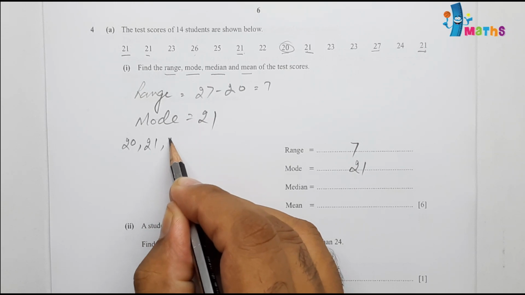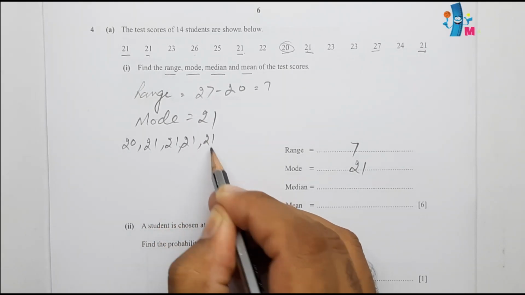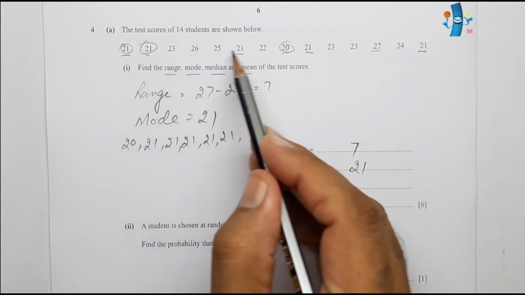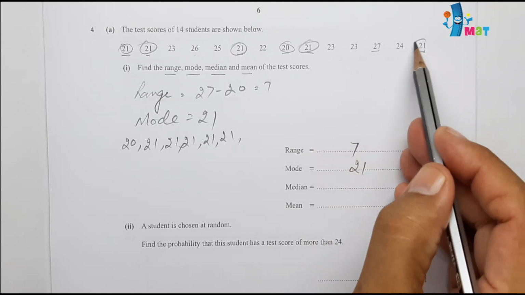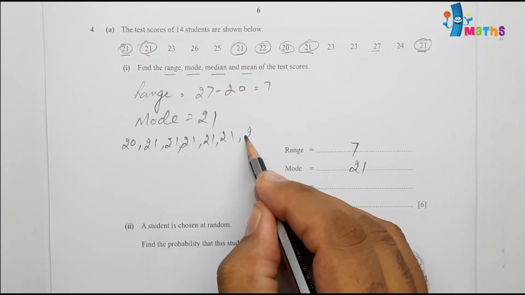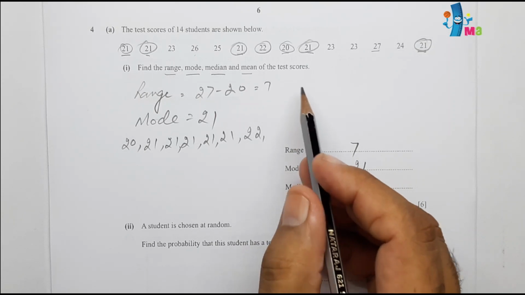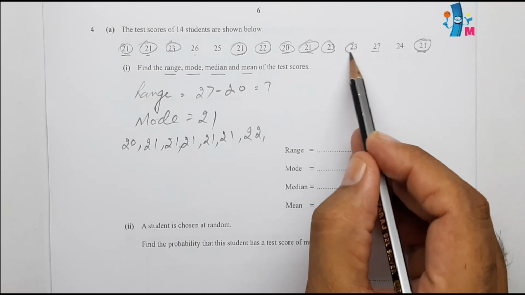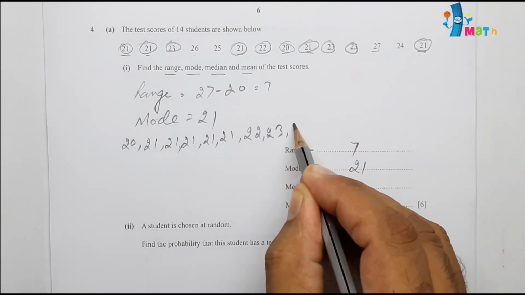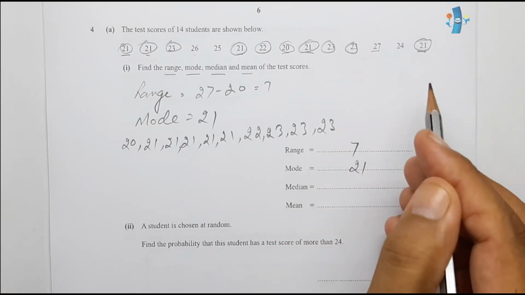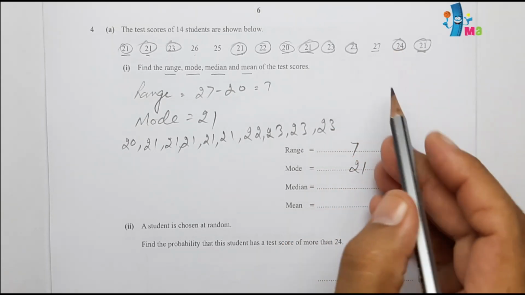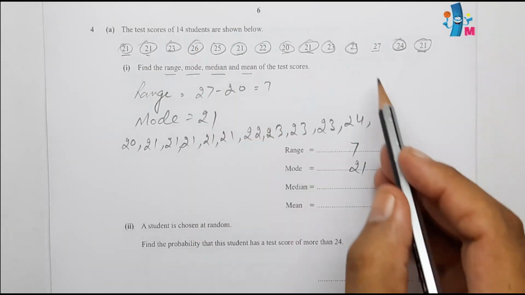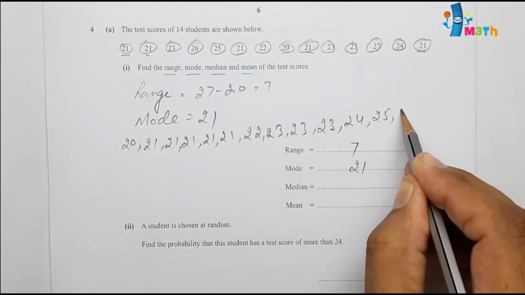Then comes 22, then 3 times 23, then 24, 25, 26, 27.